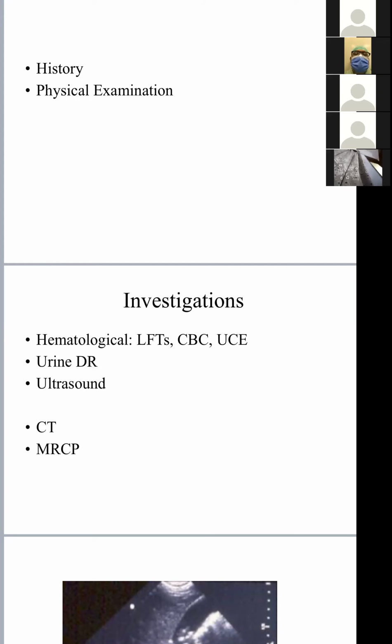MRCP, which is MRI, magnetic resonance cholangiopancreatography, is imaging of the entire biliary tree by a non-invasive method. ERCP was invasive because you would have to put a scope through the patient's mouth into the duodenum, and then inject a dye. Images you have already seen. MRCP, on the other hand, does not require any invasion of the patient.